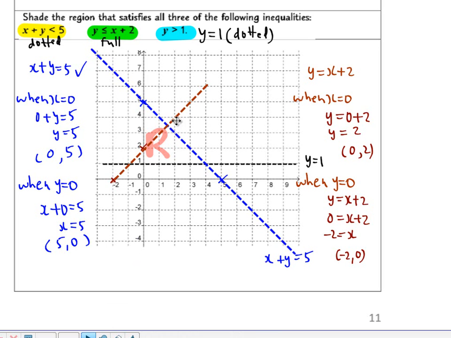Let me adjust this one here. This is the line of y equals x plus 2. It's not quite right, my graph there. Just going to adjust it slightly. Y equals x plus 2.